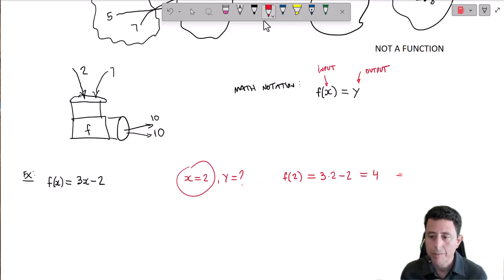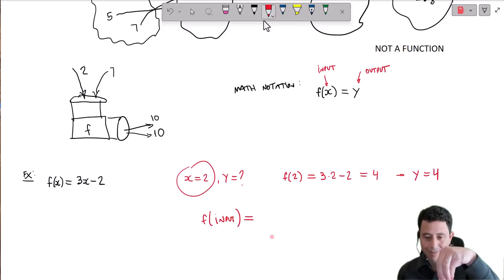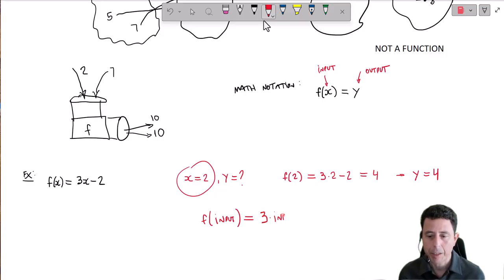So that means y is 4. Okay, it's a way to describe the output by using this notation. So in other words, you have the input here. When you have the input into the function, then the function will process that by multiplying 3 times the input minus 2. Right? So that's what the function is doing.